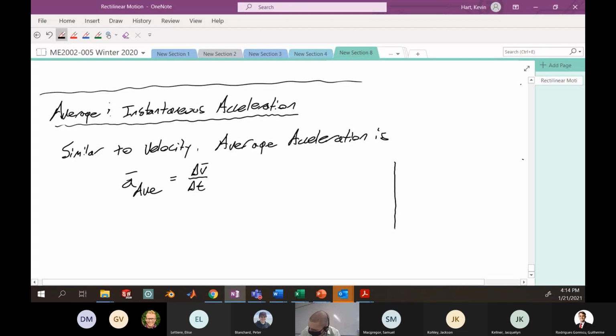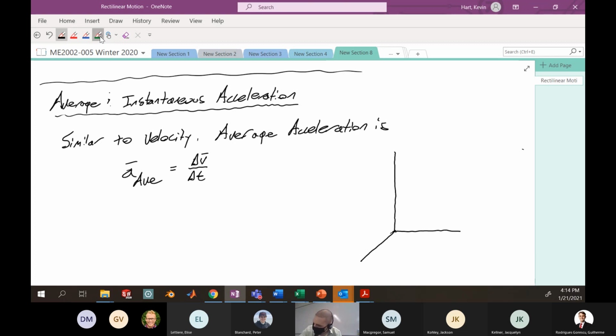If I'm back in my three-dimensional drawing here, again with the path of my particle, here's P, here's P prime. Well, the velocity is going to be tangent to the path, so the velocity at point P looks something like this.